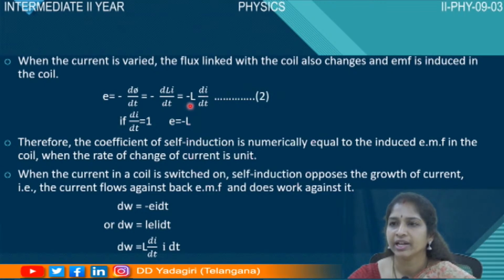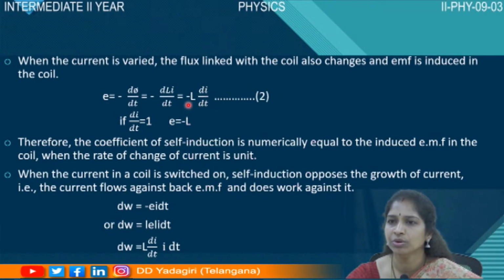In order to define the coefficient of self-induction, now I am considering di by dt equals 1 ampere per second. Di by dt is what? The rate of change of current. It's not current, it is the rate of change of current. Now, the rate of change of current is unity. When this is 1 in this equation, what can we write?